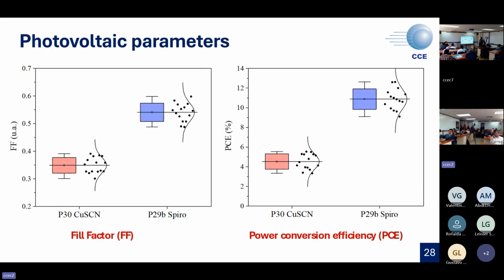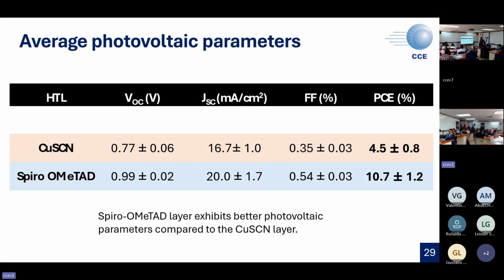And finally, we can see a much better power conversion efficiency of the spiro-OMeTAD devices in comparison with copper thiocyanate. It's clear that the spiro-OMeTAD layers exhibit a better photovoltaic performance compared with the copper thiocyanate layer, with an average power conversion efficiency of 10% for spiro-OMeTAD in comparison with 4.5% for copper thiocyanate.